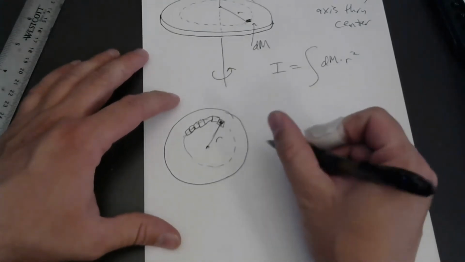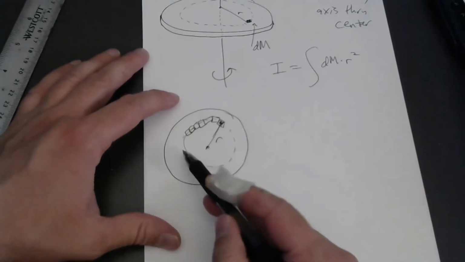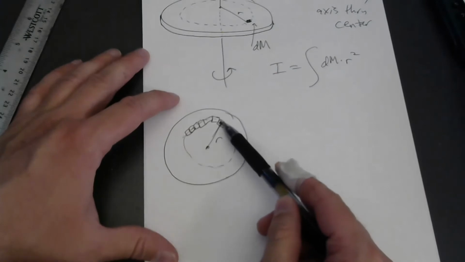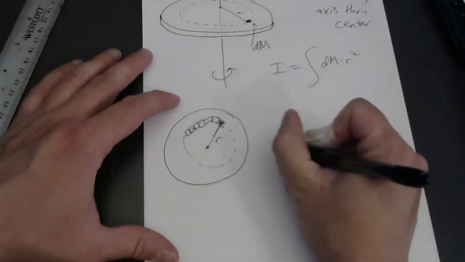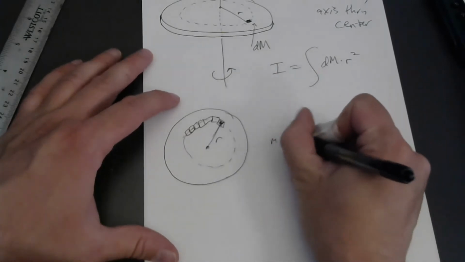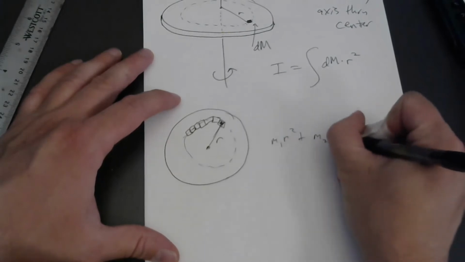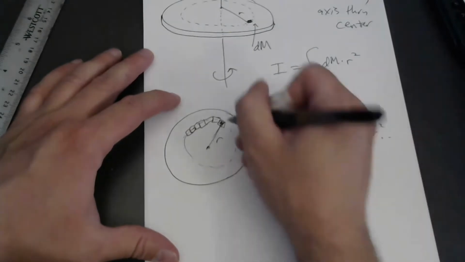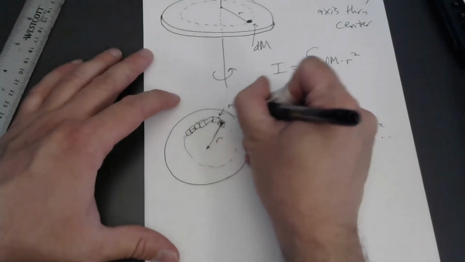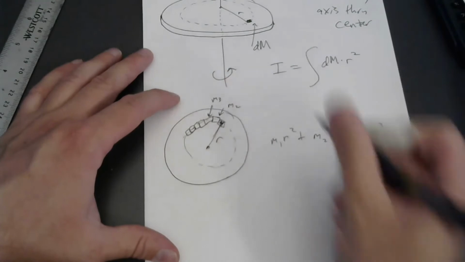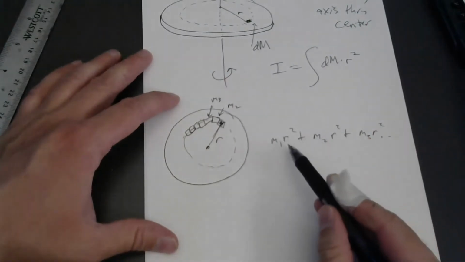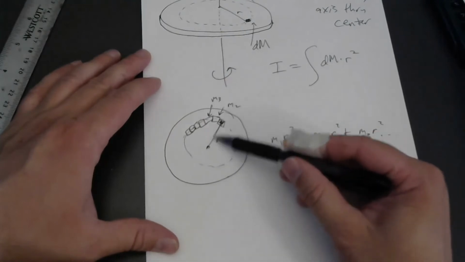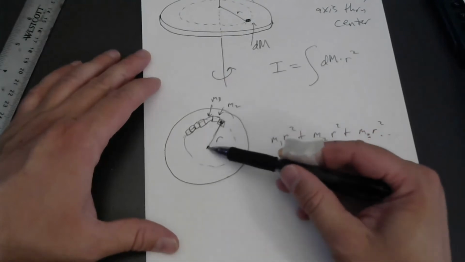And at least for that part, remember, you'd have to do this for every little piece throughout the disk, but at least when you're applying that to these, you'd have M1 r squared plus M2 r squared plus M3 r squared, where I'm imagining this is M2, this is M3. But notice how I didn't have to put subscripts on the r's because each of these little pieces shares the same radius from the axis of rotation.